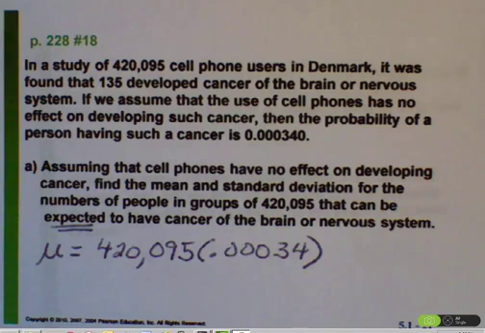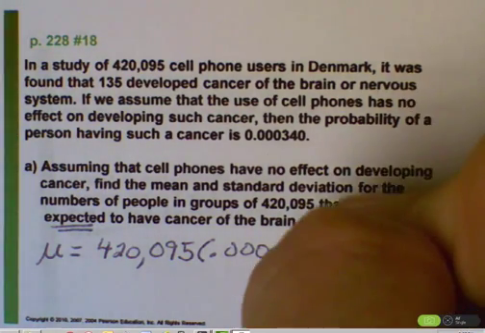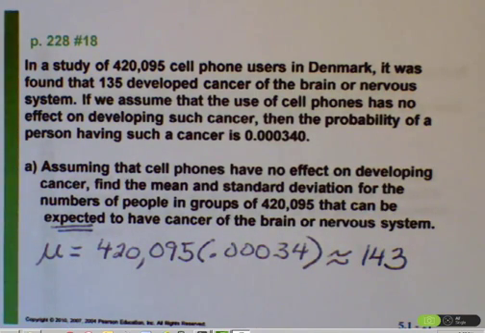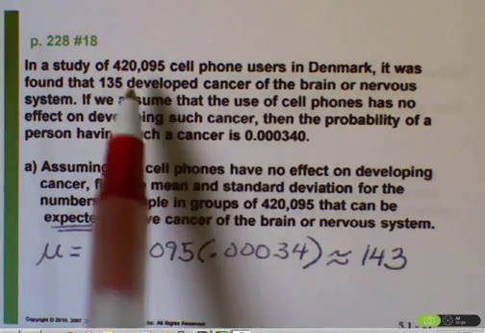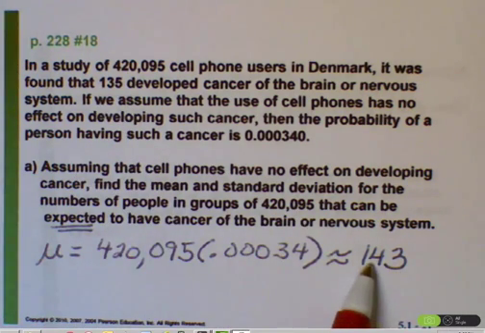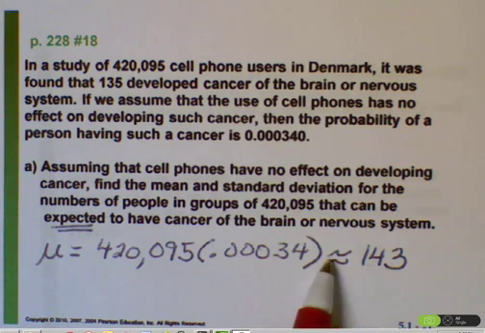So the number of people that I would have expected out of that 420,000 to develop that type of cancer, rounded to the nearest whole person, is 143. Actually, fewer people developed cancer than we would have expected to, even if the cell phones didn't have anything to do with the development of that type of cancer.